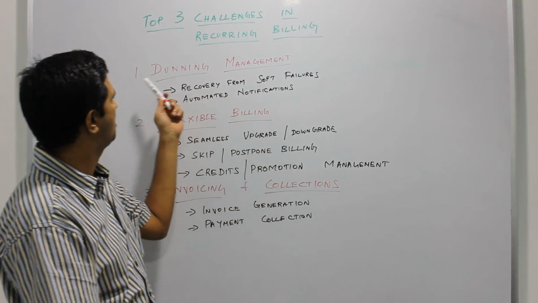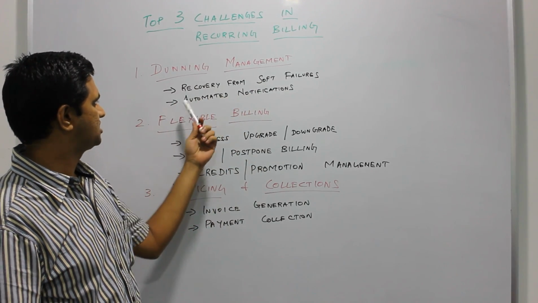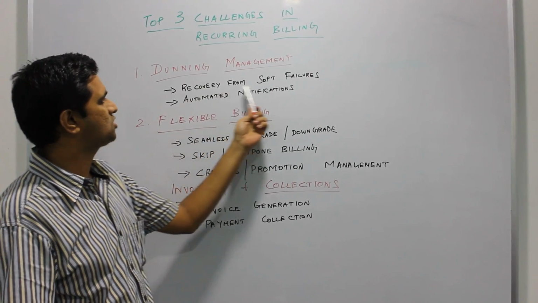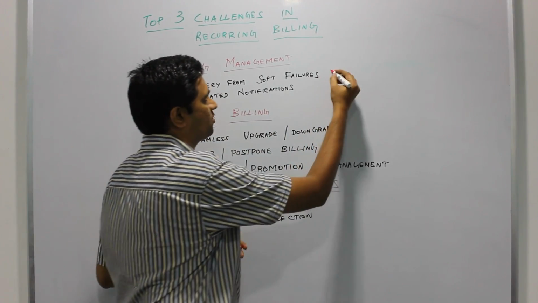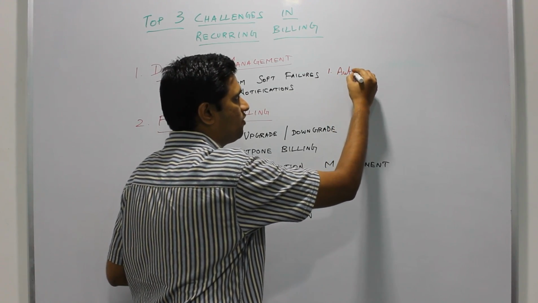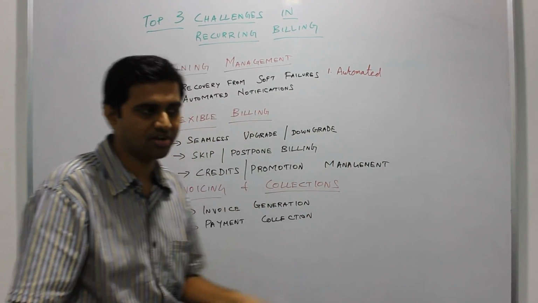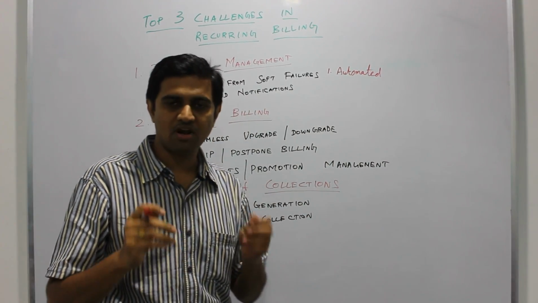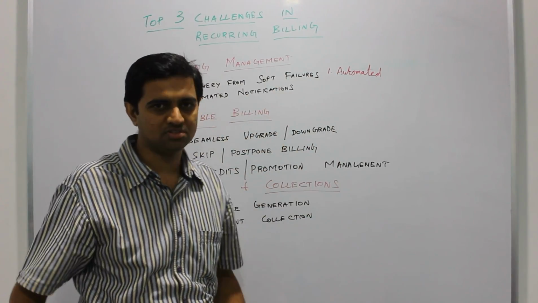Now that is where we have this process called dunning management that comes into play. By this, what we mean is there can be a soft recovery from these soft failures, right? So you can have an automated notification that informs the customer 30 days in advance that your card is about to expire, right? Or if it has expired, you don't have to dump the card and say, hey, I'm going to deny access for this customer, right?